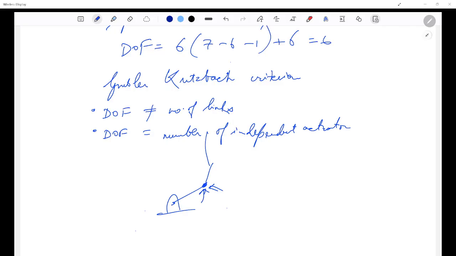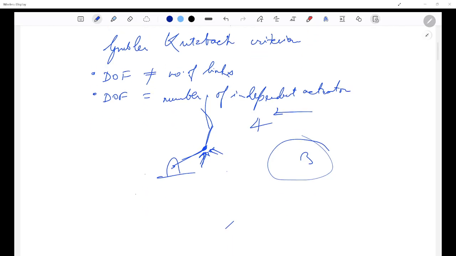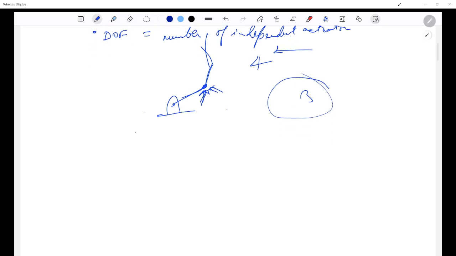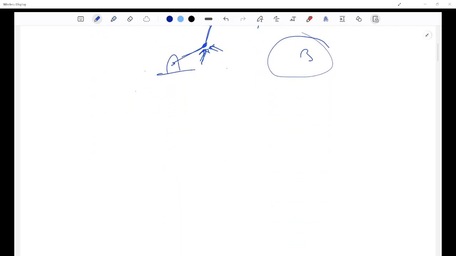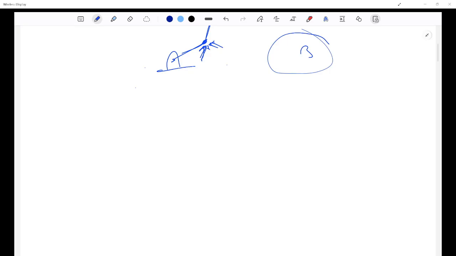Both of them cannot act independently, right? The motion of one will definitely affect the motion of the other. If you place 4 motors for this planar robot, your degree of freedom is still going to stay 3 and not 4, because the 2 motors here are dependent. All right. So if we now understand how to go from this formula to arrive at degrees of freedom, sometimes intuition also helps you to answer the questions.